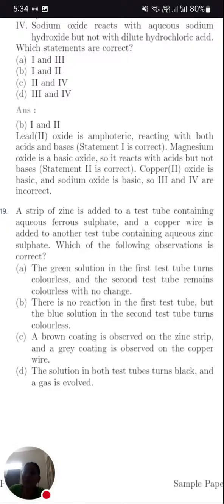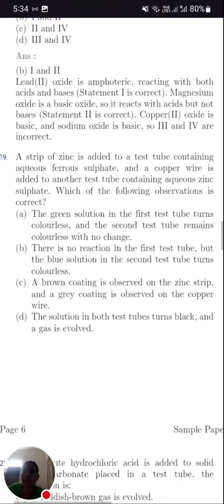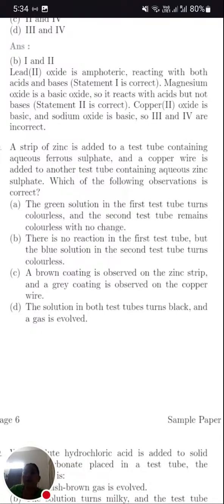Whenever you get confused about whether the displacement reaction will take place or not, write down the activity series on the side. If the element they have given is below, it will get displaced, otherwise the reaction will not take place.